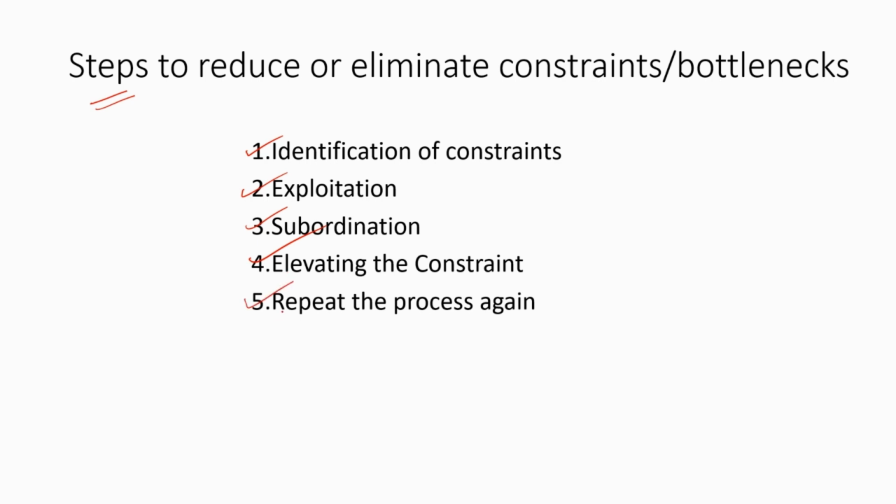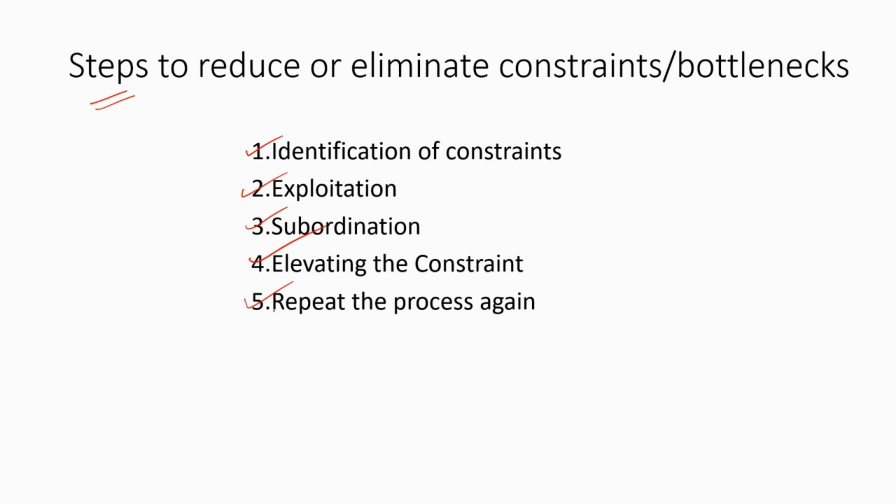And finally, repeat the process again. Managing constraints is an ongoing process that requires continuous improvement efforts. As the restaurant's operations evolve, new constraints may emerge or existing constraints may shift. It is important for the restaurant to continuously monitor its performance, gather feedback from customers and staff, and revisit the identification and management process for constraints.